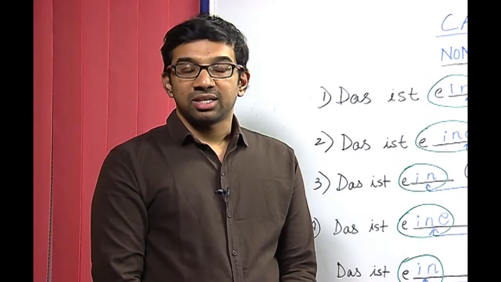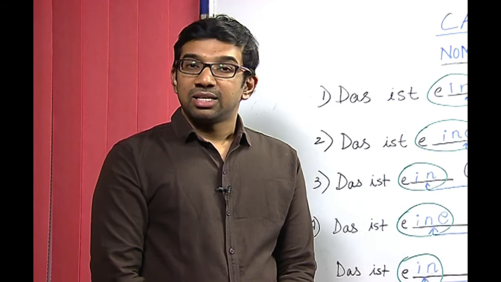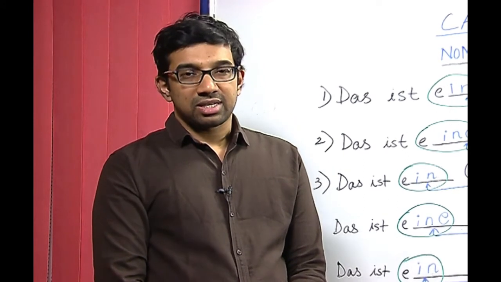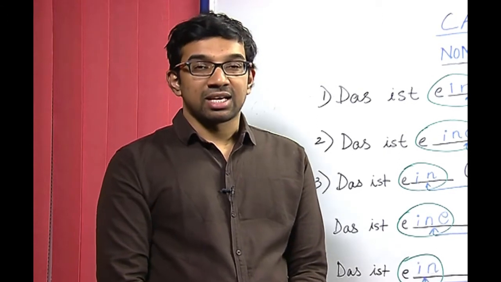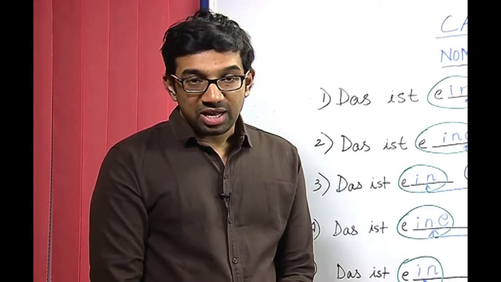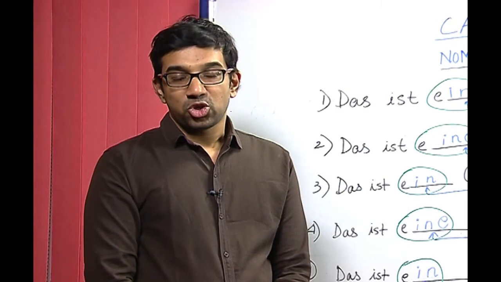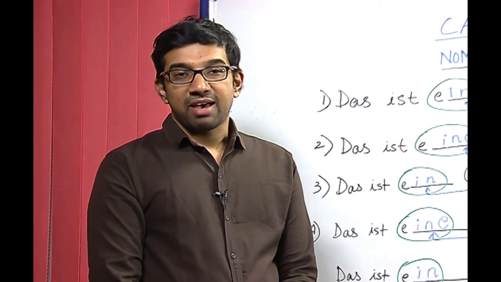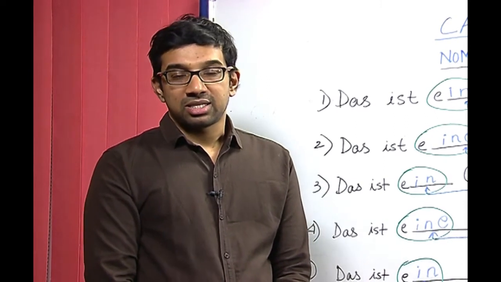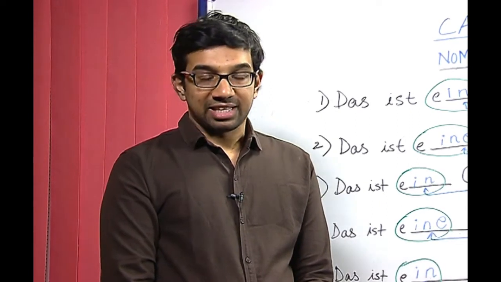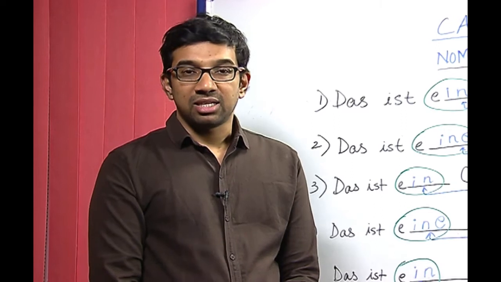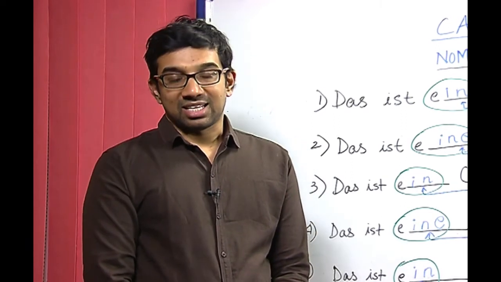You can see that it is not so difficult to learn the indefinite and definite article. However, I would like to tell you that in German each and every noun has got an article, and it can be the masculine article der, the feminine article die, or the neutral article das.